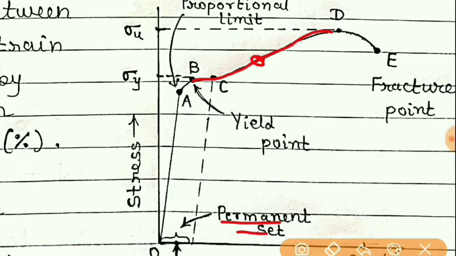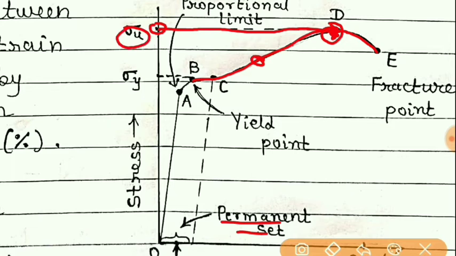So this happens till point D. Now what happens after point D? Students, now there is no need to increase the mass. You can see the curvature is in the downward direction. Means this limit is obtained for increasing the stress and it is called the ultimate stress.